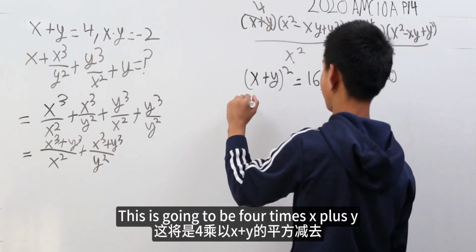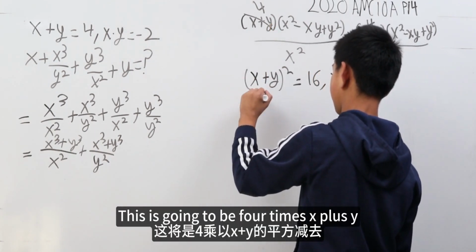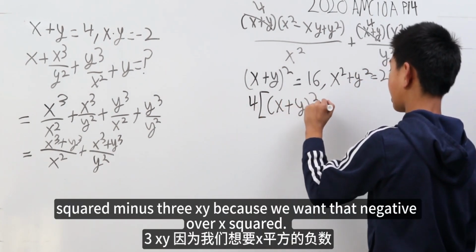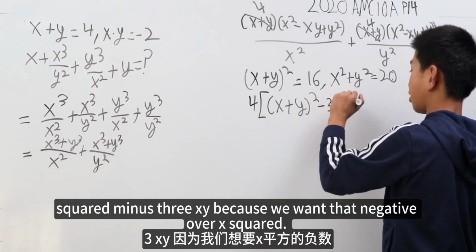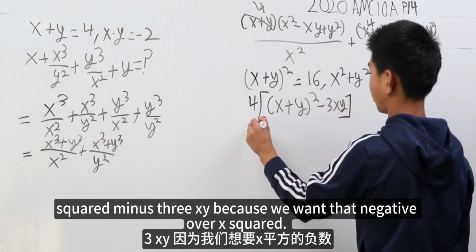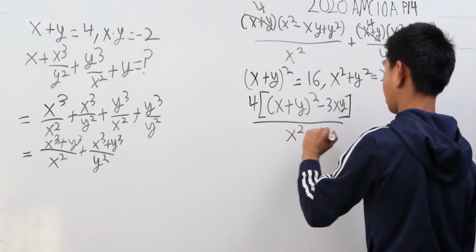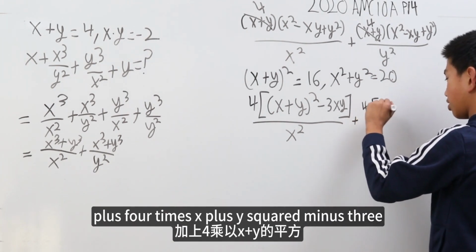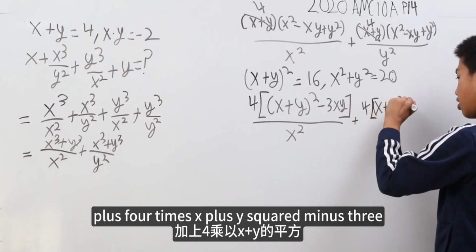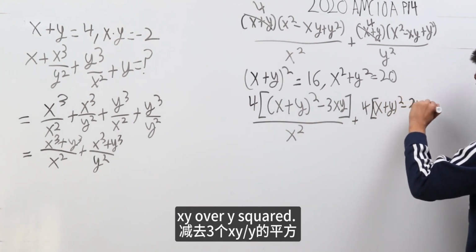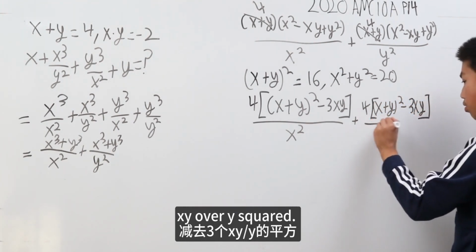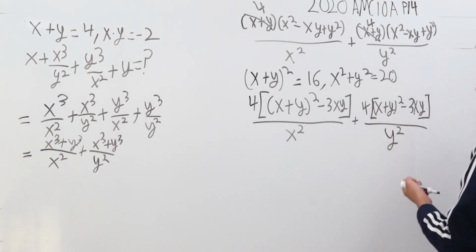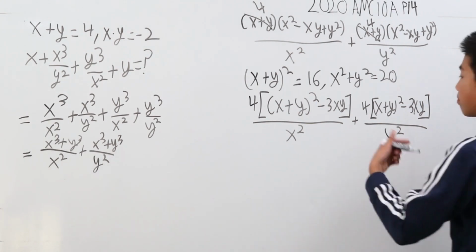So bringing this down, this is going to be 4 times x plus y squared minus 3xy, because we want that negative, over x squared. And then there's going to be the same thing over here, plus 4 times x plus y squared minus 3xy over y squared. Okay. Now we have a value for this.